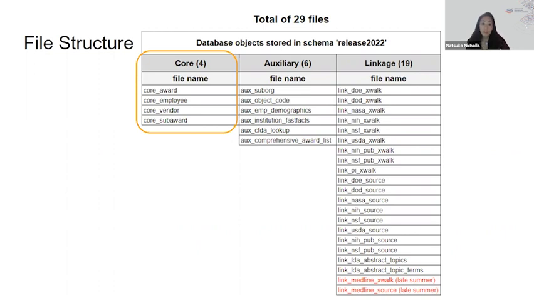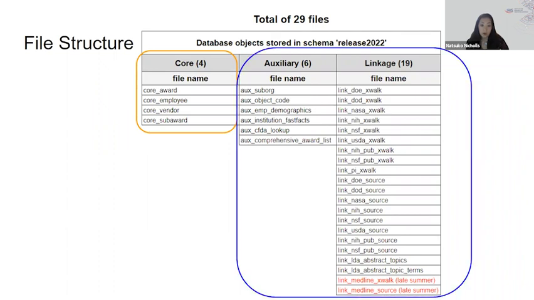Without member universities' data submission to IRIS, the foundation of our research dataset would not exist. In the process of transforming the administrative data into the invaluable research asset and resources, IRIS builds most of these files in aux and linkage collections.